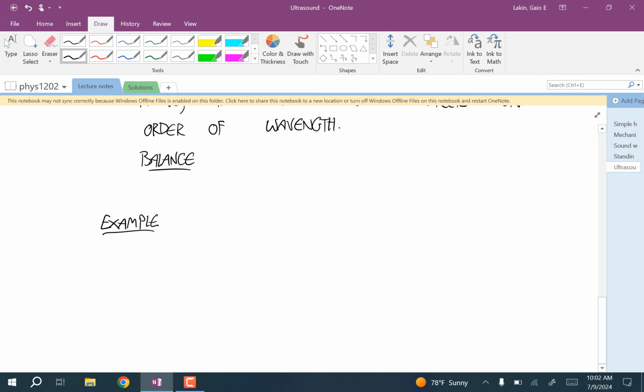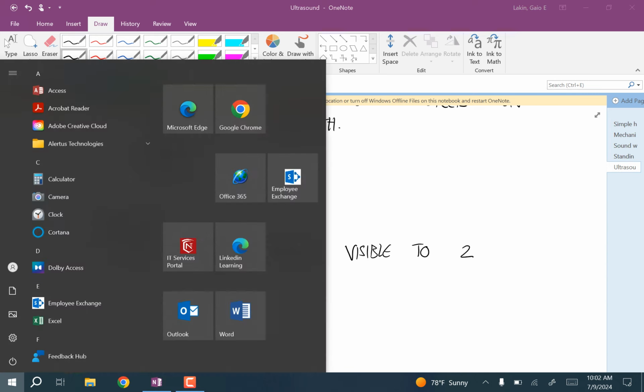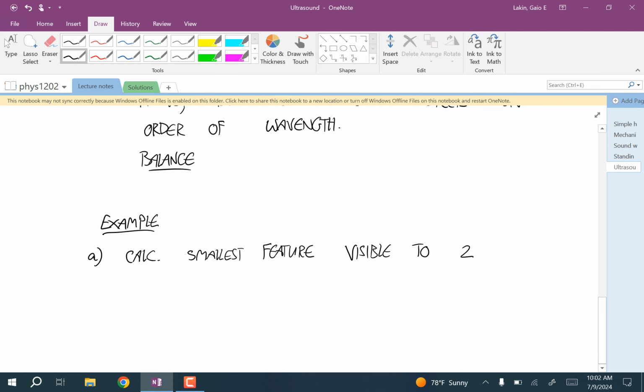Okay, so first, we're going to calculate the smallest feature that's visible to an ultrasound receiver and transmitter when the wave has a frequency of 2 megahertz. So that means 2 times 10 to the 6th hertz.